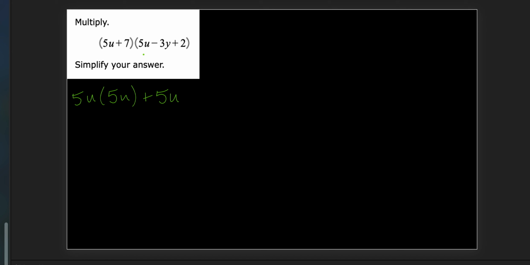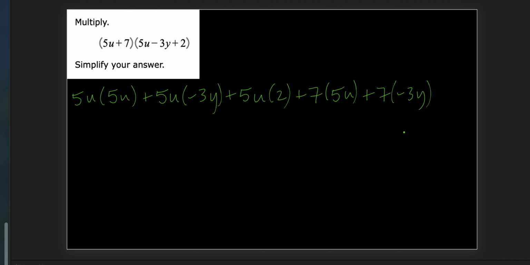So 5u times 5u, now 5u times negative 3y. Then 5u times that 2. And now I'll take the 7 times each term. So it's plus 7 times 5u. And then plus 7 times negative 3y. And then plus 7 times 2.